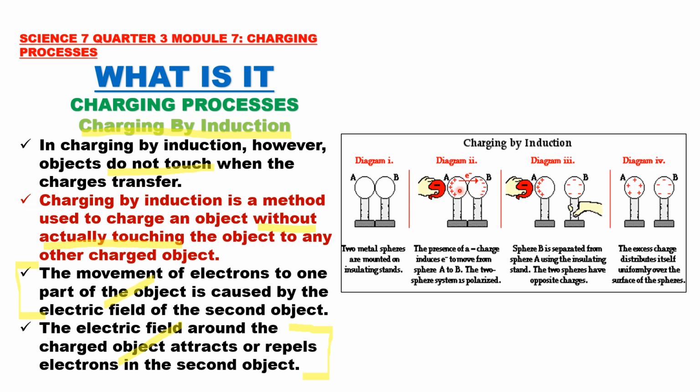So, dito sa sphere A, matitira yung mga positive charges and yung mga negative charges ay mag-move sa sphere B. Now, when sphere B is separated from sphere A, the two spheres have opposite charges. So, we could see here na yung ating sphere A is positively charged at nakadistribute na siya evenly throughout the surface of the sphere, and sphere letter B is negatively charged.